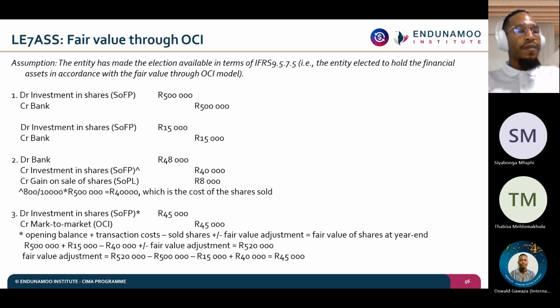If they are, good and well. We then say, why are we holding this debt instrument? Are we holding it to collect these contractual cash flows that are solely payments of principal and interest? If the answer is yes, we are holding the financial asset to collect contractual cash flows, and the contractual cash flows are solely payments of principal and interest on the principal amount outstanding, we go amortized cost.